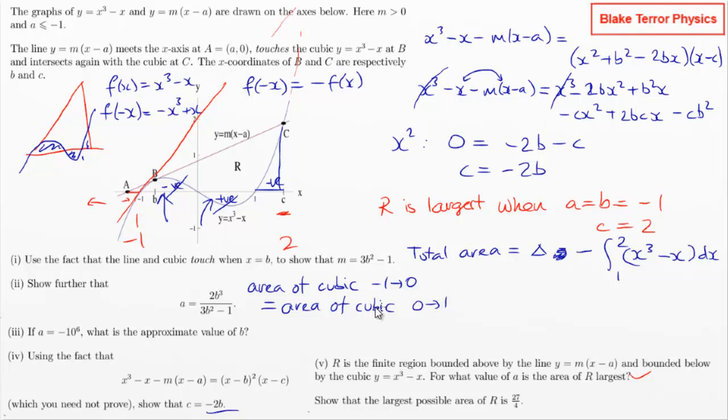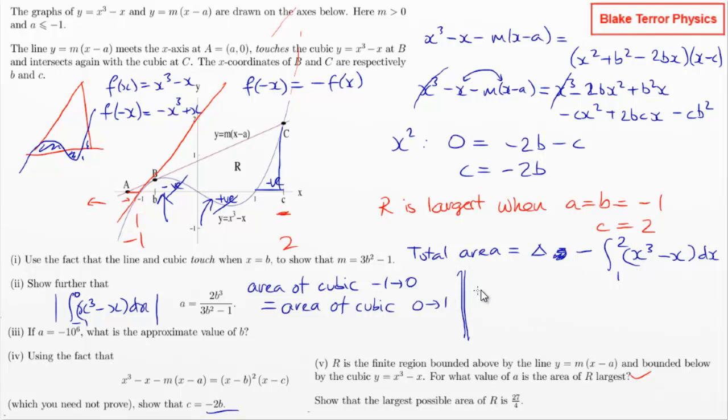I mean, you can write that in a lot of different ways. I suppose I'm just leaving some space over here so I can actually do this. You might want to say that the magnitude of the integral of x cubed minus x dx from -1 to 0 is equal to the magnitude of that same integral from 0 to -1. So they're just going to be cancelling out. So we just have to do this bit.